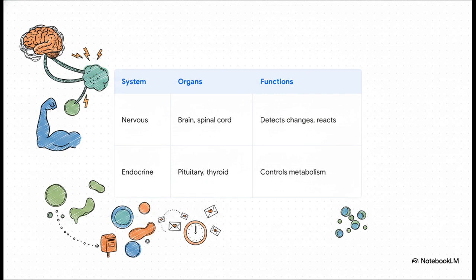This system manages the longer-term metabolic activities using chemical messengers called hormones, which are secreted by glands like the pituitary, thyroid, and pancreas. So, think of the nervous system as high-speed fiber optics, firing electrical signals in fractions of a second, while the endocrine system is more like a highly targeted, slightly slower postal service, ensuring sustained, systemic changes over hours, days, or even years.